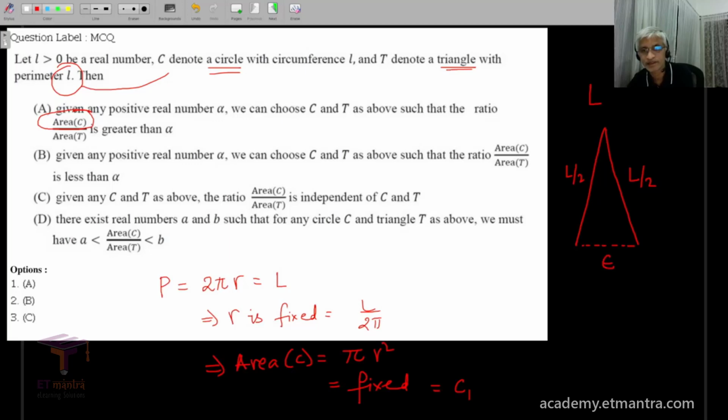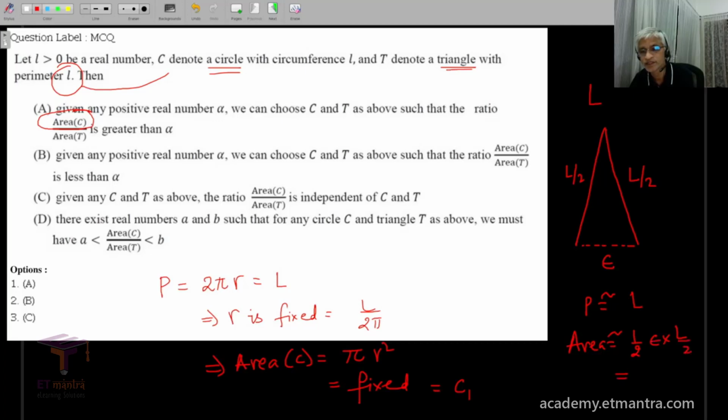One can imagine that the perimeter is nearly equal to L, but you can see here that the area is half epsilon into height, which is nearly L by 2.